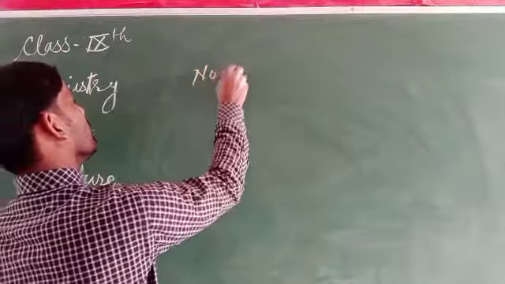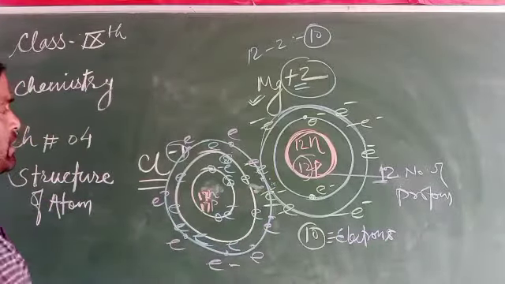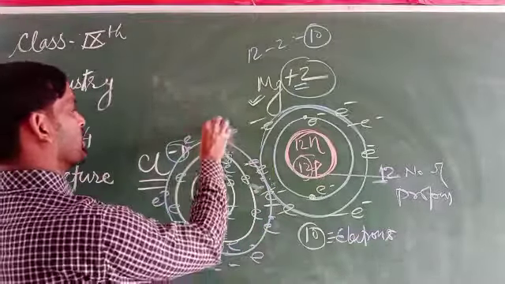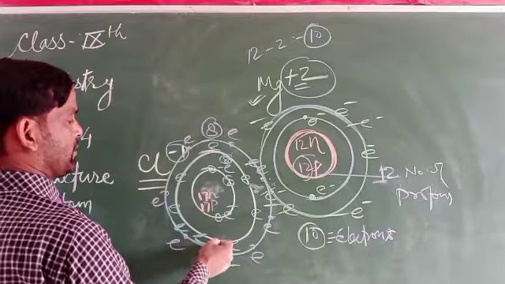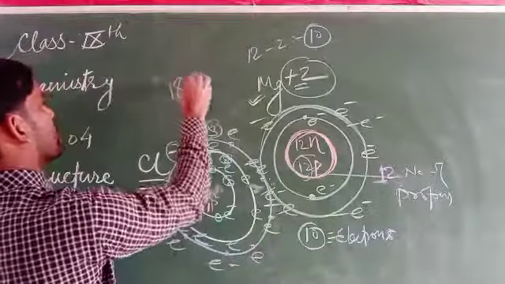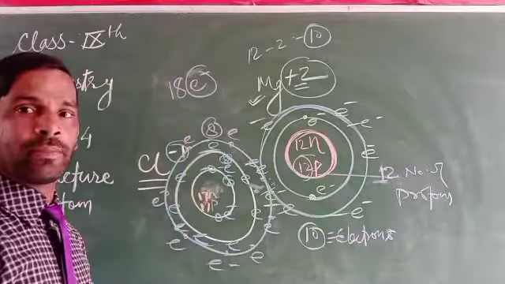And in case of our last orbit, there is 1, 2, 3, 4, 5, 6, 7, 8. So in its outer orbit, the number of electrons will be 8. 8 plus 10, that is 18 electrons. So there are 18 electrons in case of a chloride ion.